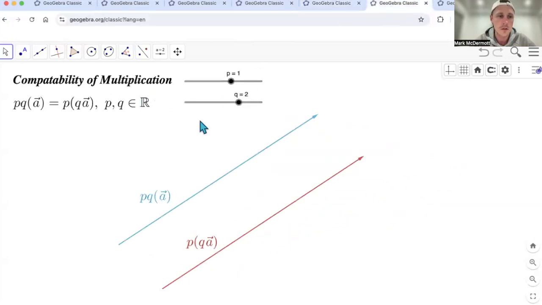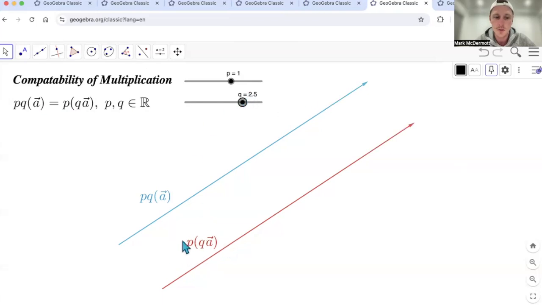Okay, the next one's what's called the compatibility of multiplication of vectors. So if you've got two scalars, p and q, which are just elements of the real numbers, you've got some sliders here for p and q. If you take pq multiplied by vector a, that's the same as p multiplied by q multiplied by vector a. So let's just pick some values for p and q. Let's pick q to be 2.5.